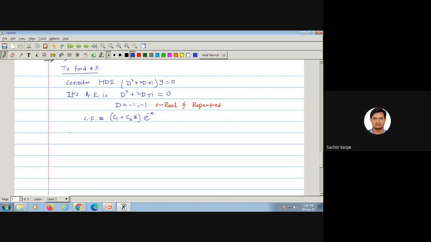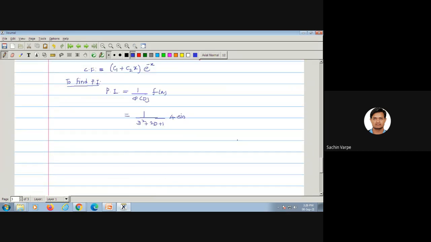Okay, thanks, Siddhant. So to find the particular integral, PI equals 1 upon phi of D, I'm writing the formula first of all, into the right hand side function. What is my phi of D here? It is D square plus 2D plus 1, and f of x is given to be 4 sine 2x.